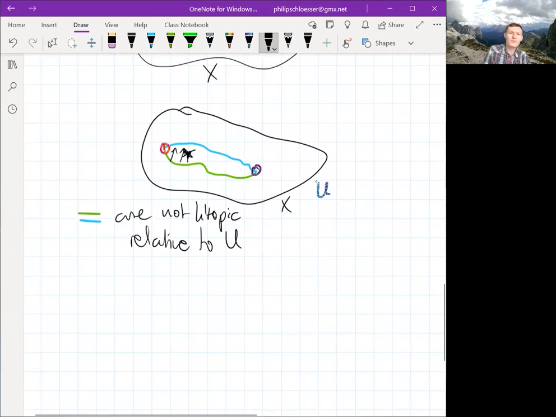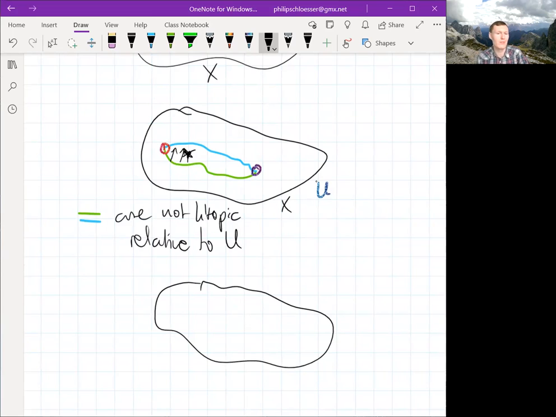You could also do a similar thing if you don't consider lines, so you don't consider maps from 0, 1 to X, but you could consider maps from the one sphere to X, so from the circle to X. And then when you look at homotopies, you don't say that any point should be fixed, but you say that at each stage, it should still be a loop.